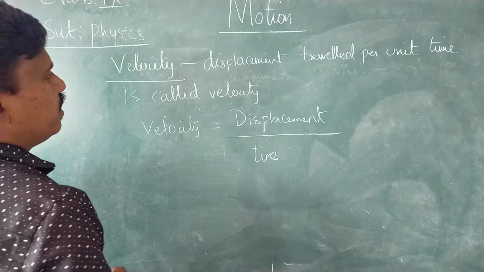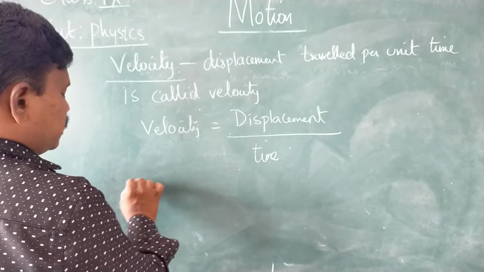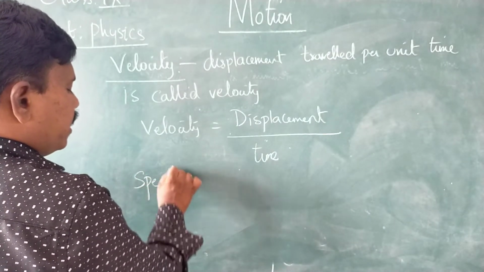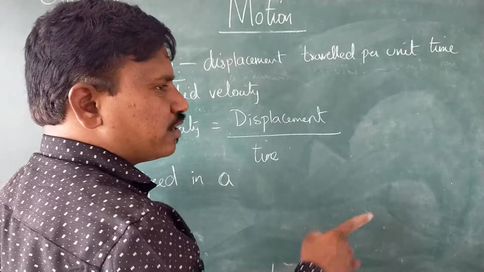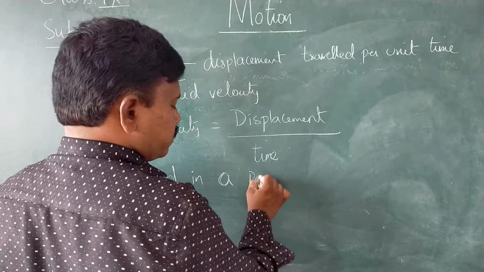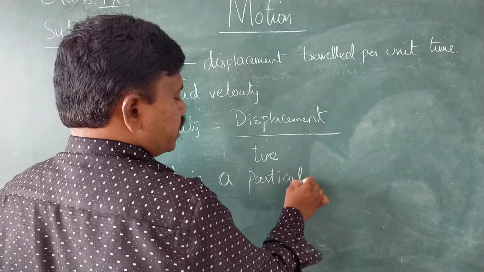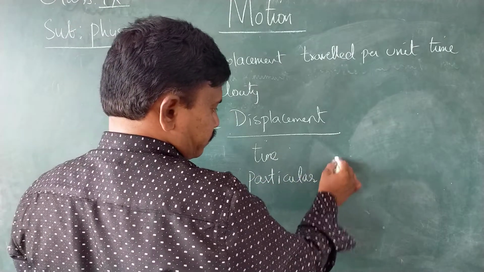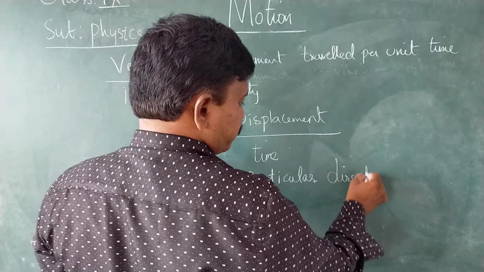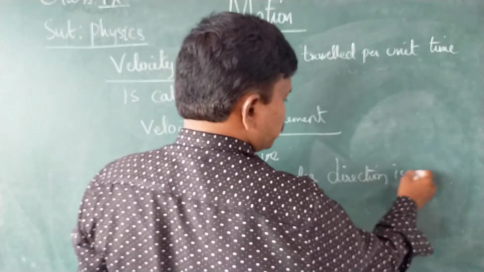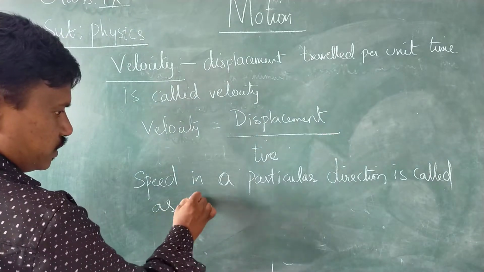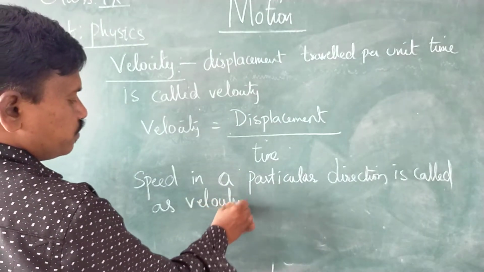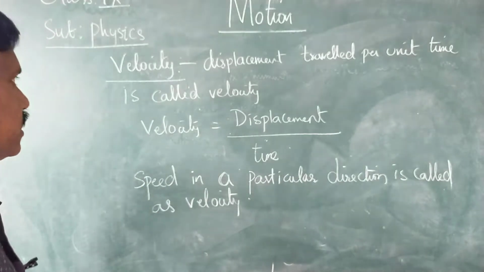Or we can define velocity as speed in a particular direction. The same speed but in a particular direction is called velocity.